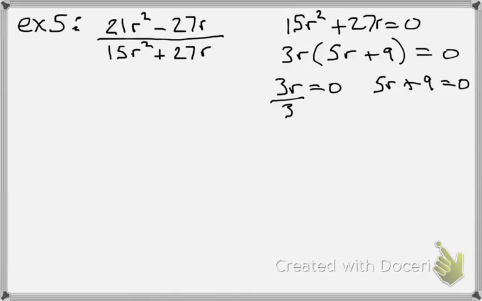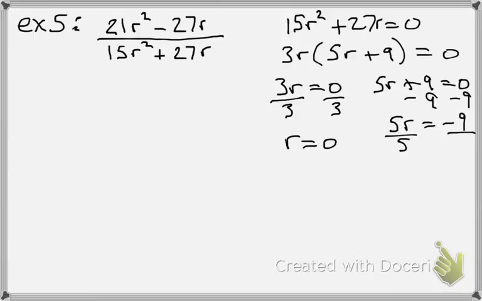Here I'm going to divide by 3, so r is equal to 0. In the second one I'm going to subtract 9 from both sides to get that 5r is equal to negative 9. Then divide both sides by 5, so r is equal to negative 9 over 5, sorry. So those are my excluded values.